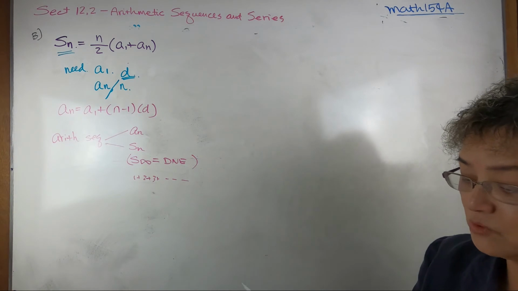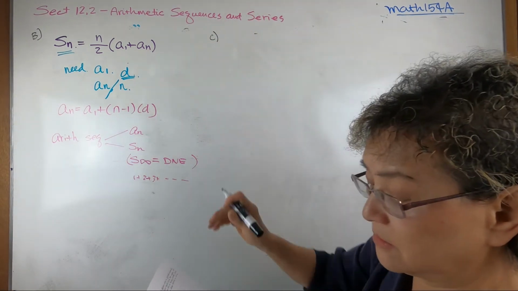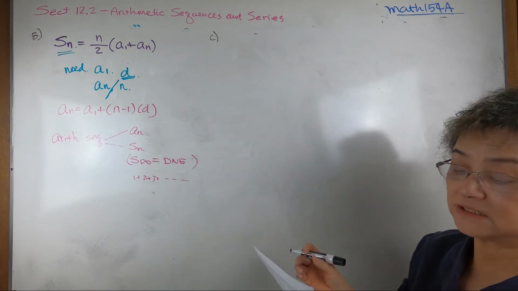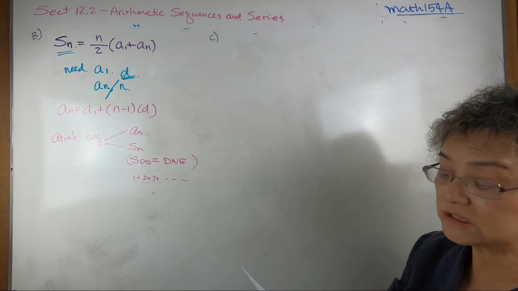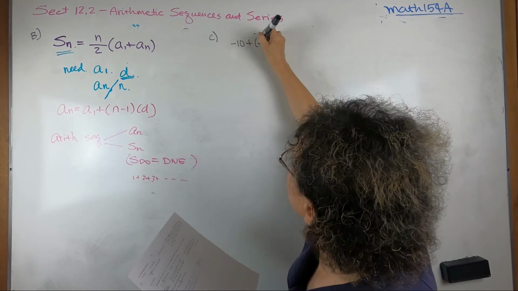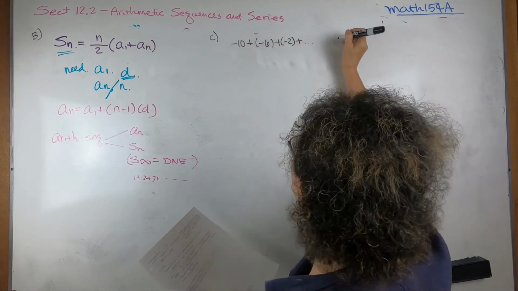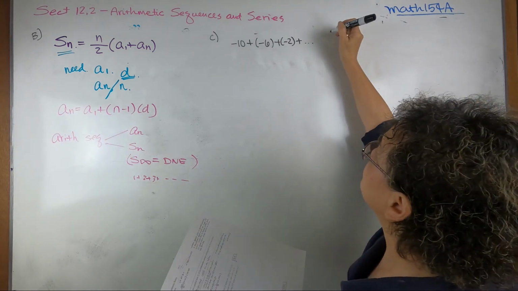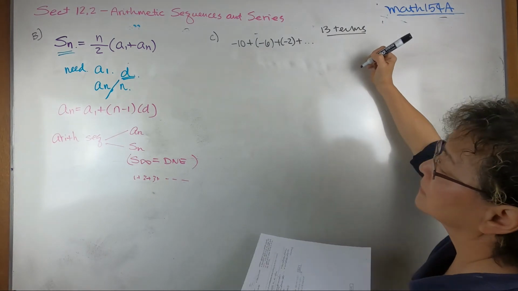Let's take a look at some more examples on your page 60. It says find the sum of the first 13 terms in -10 plus -6 plus -2 plus and so on. We need to find the first 13 terms.